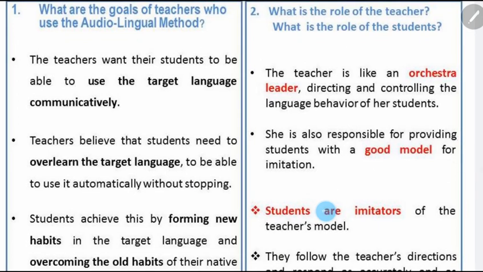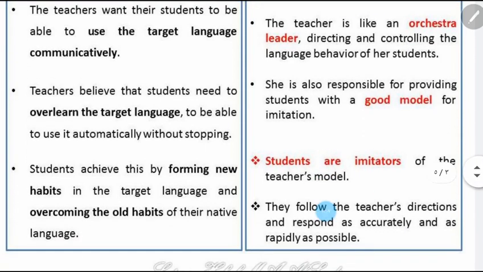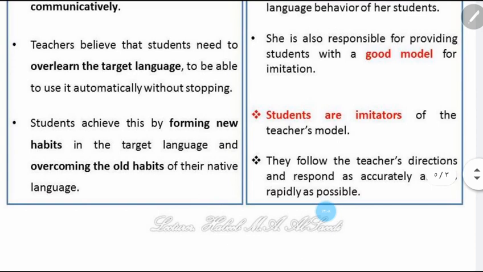So the teacher is a model for the students. And the students are imitators of the teacher's model. The teacher models, and they follow the teacher's directions and respond as accurately and as rapidly as possible.